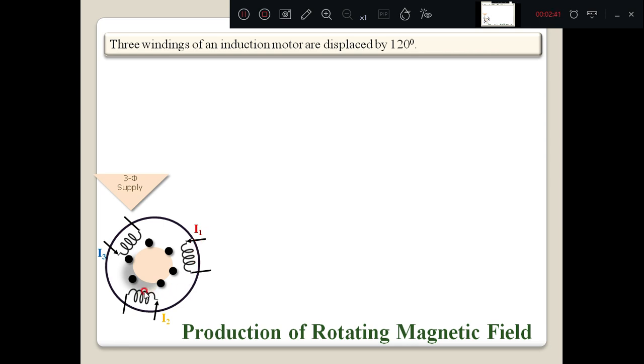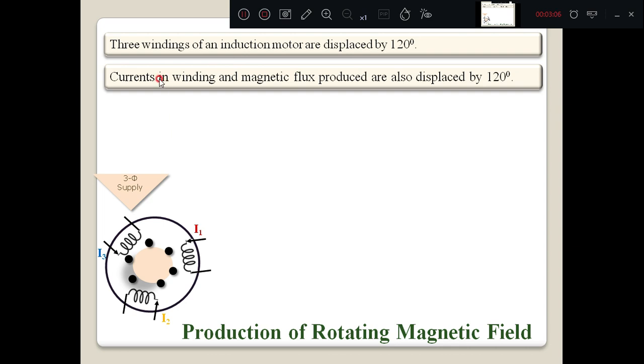When the current flows through the winding, it produces its own magnetic flux. These magnetic fluxes are also alternating in nature because you are applying the AC voltage. Because of the AC voltage, you have AC current flowing in the winding, and because current flows through a coil, it produces its own magnetic flux. The flux is also alternating in nature.